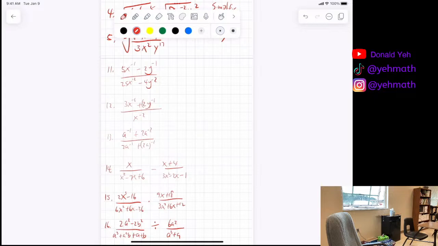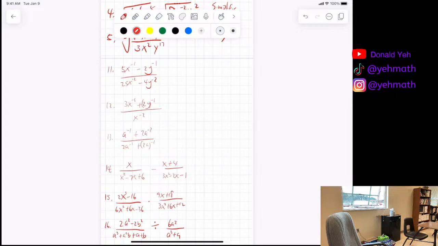Look. You break it up into x minus 2 times the other factor. So you get x squared plus 2x plus 4, over x minus 2.